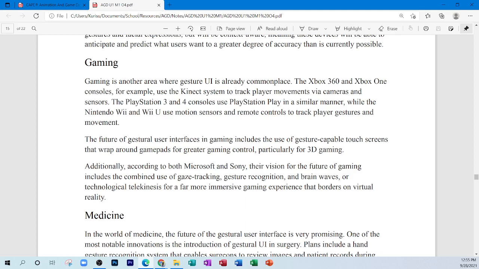Whenever you move the remote, it would move the character in the game with similar movements. But with newer forms of gestures, they want to do gaze tracking, recognition, even brain form. So basically track maybe what you're thinking, or track your brain patterns.